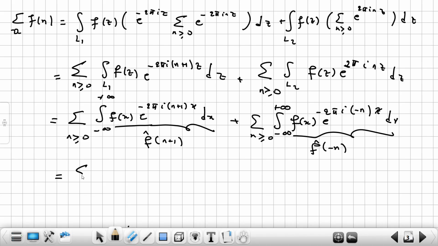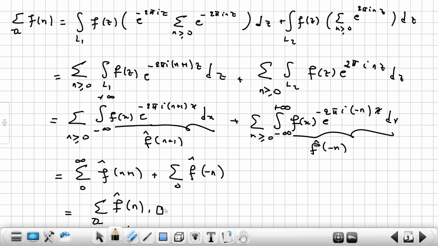We end up with the summation from 0 to infinity of f hat of n plus 1 plus the summation from 0 to infinity of f hat of minus n, and combining the sums, this is equal to the summation over the integers of f hat, and we are done. This is the Poisson summation formula.